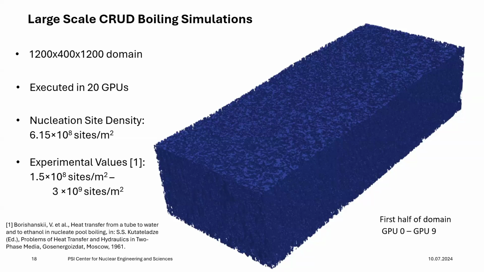I think in this case the height is larger than what you would have in the actual operating plants. It's a higher height, yes, because I wanted to look more at what happens within the pore. So I wanted to increase the height and see the effect of boiling within the pore structure as well.